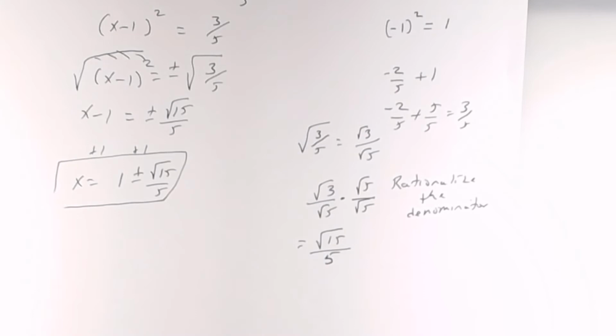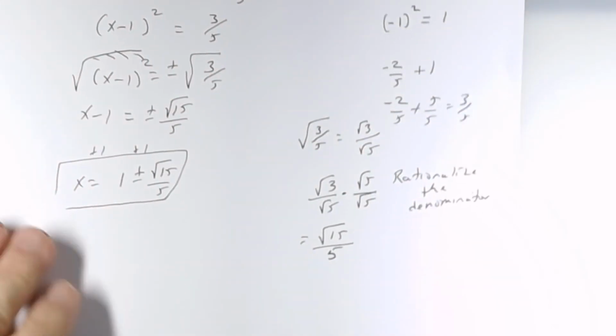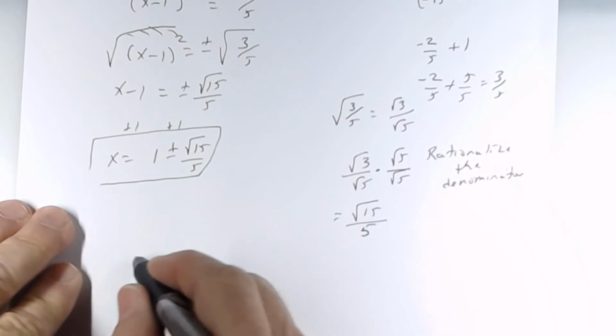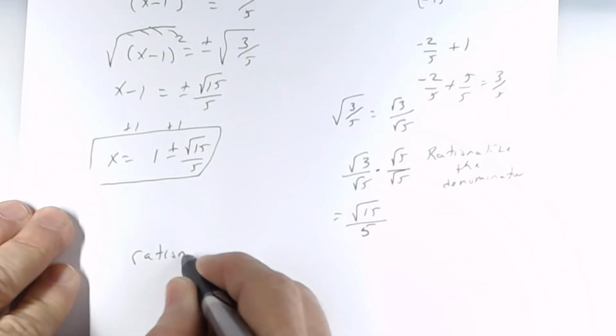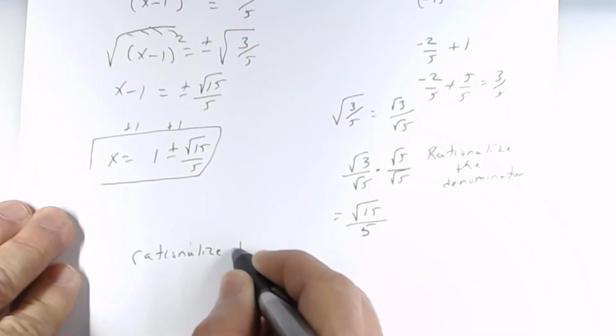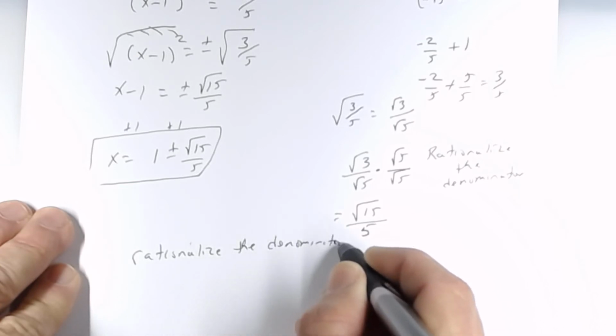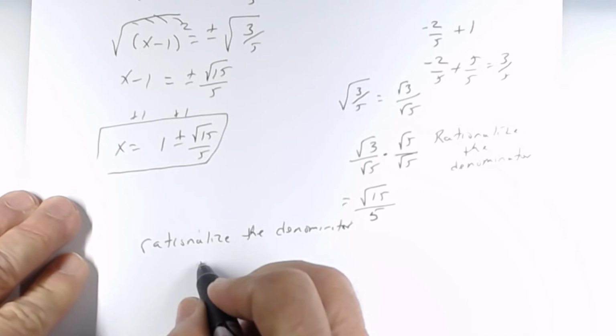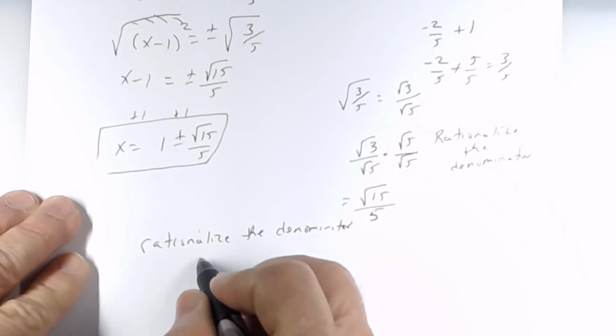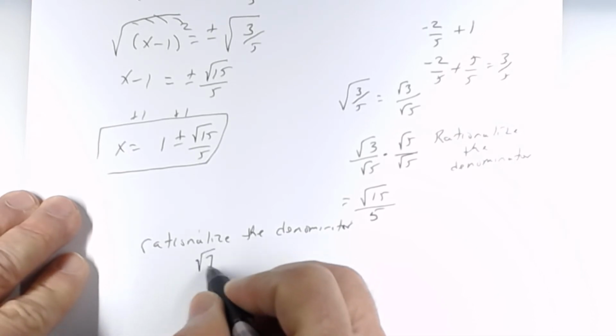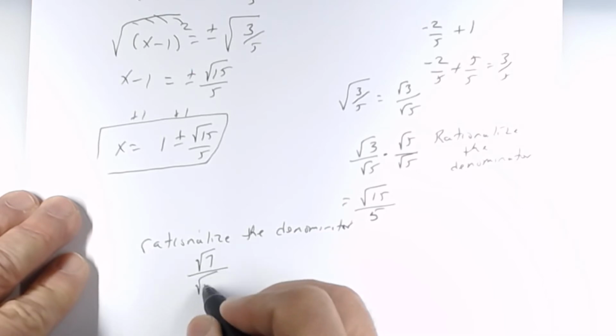All right, so let's kind of review rationalizing the denominator. Suppose I had, let's say, the square root of 7 divided by the square root of, let's say, 10.